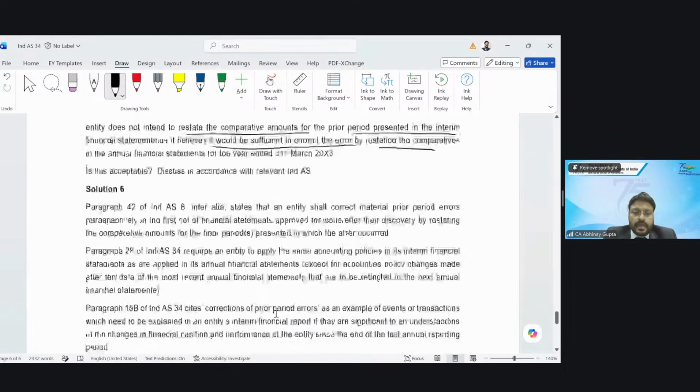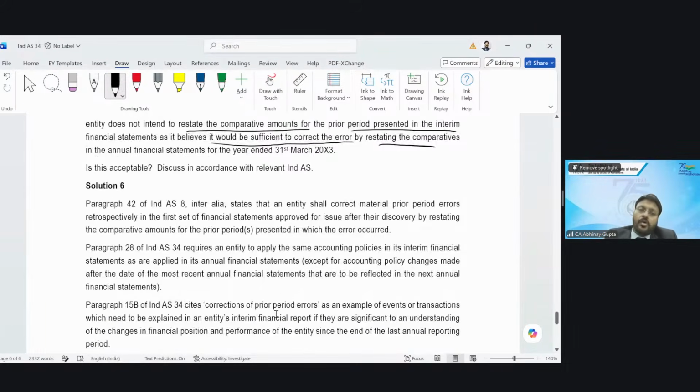So as per the para, now how do we write this answer in the examination, right? That is also a key thing to learn. As per para 42 of Ind AS 8, inter alia, an entity shall correct material prior period errors retrospectively in the first set of financial statements approved for issue after the discovery of the error, right? As and when the error is discovered.